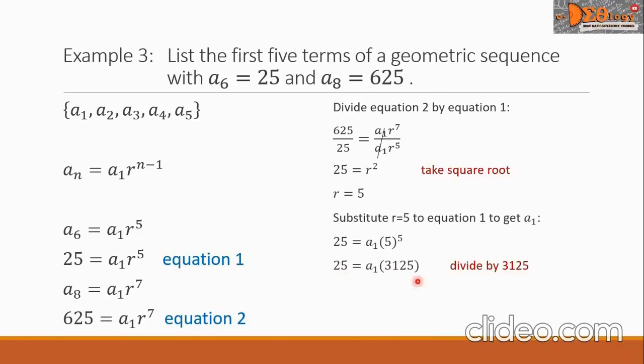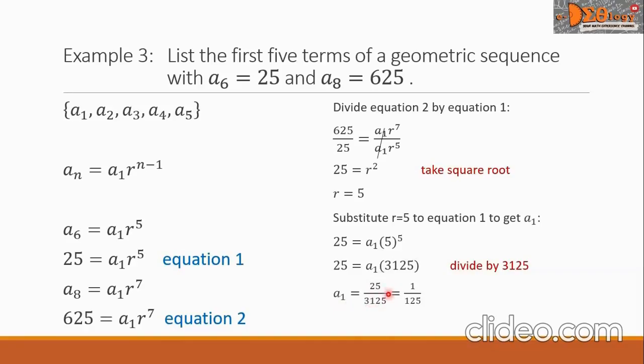While on the right side, if we divide this by 3,125, this coefficient will cancel. So we have a sub 1 equals 25 over 3,125.